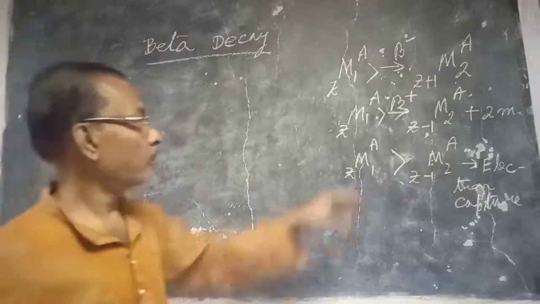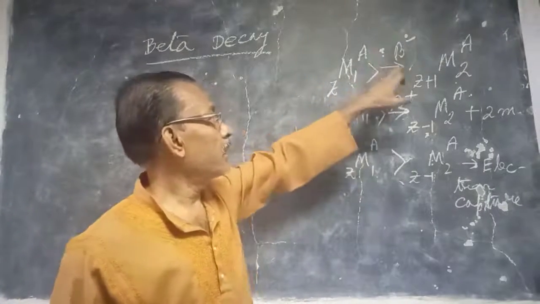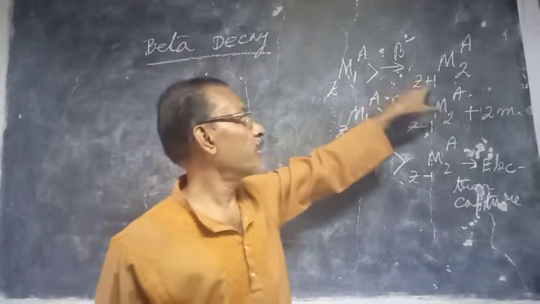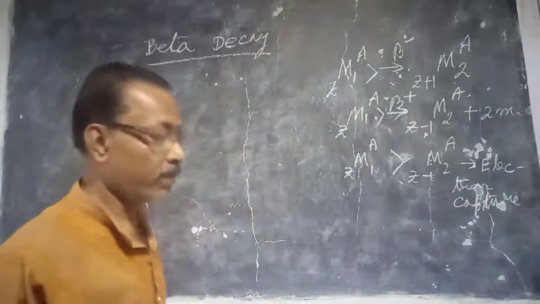Otherwise, the beta particles should be monoenergetic, because the energy is calculated by the mass difference of the daughter and the parent nuclei.